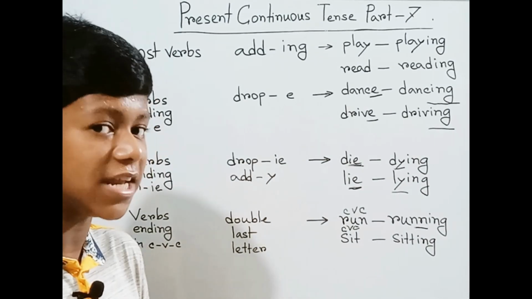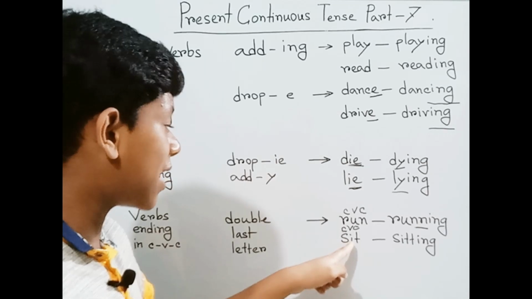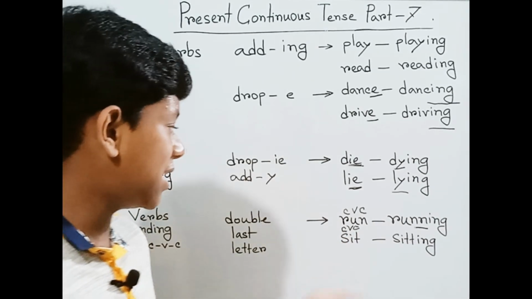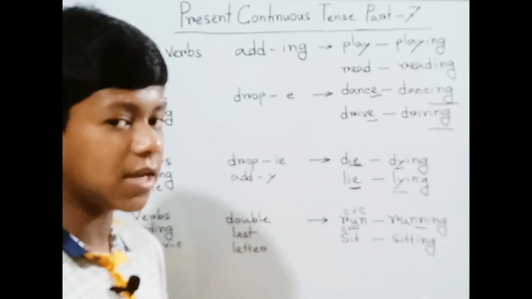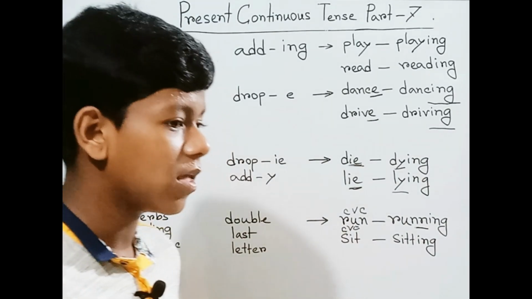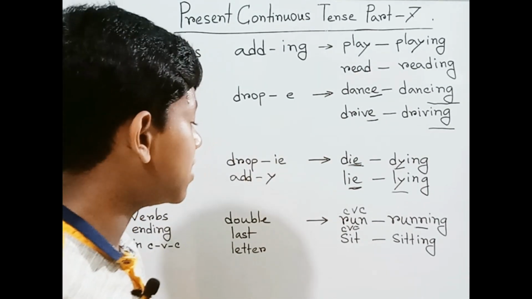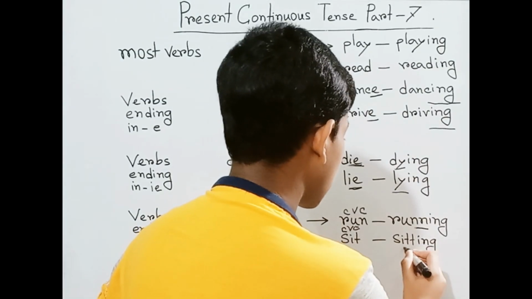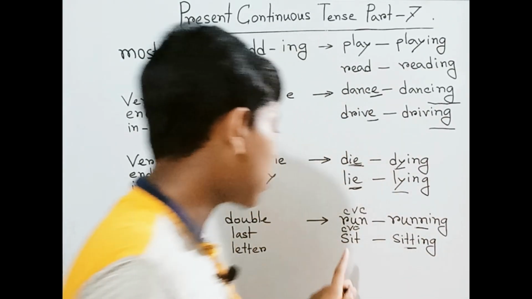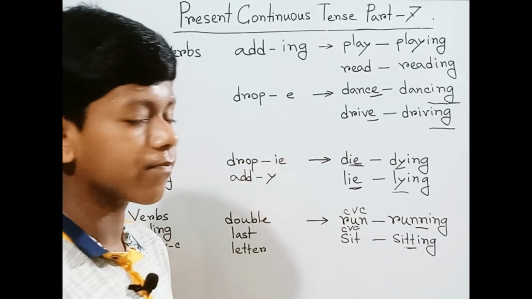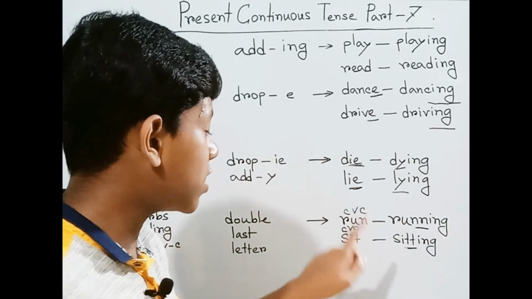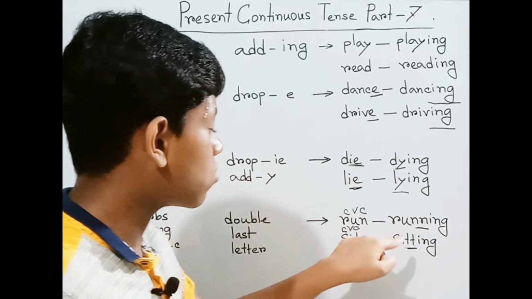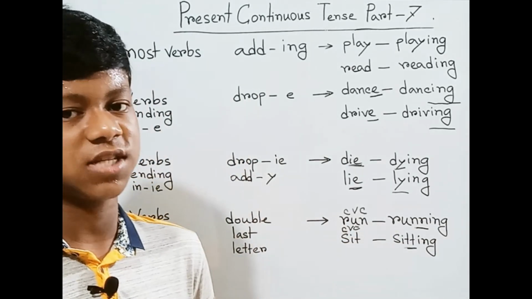In the middle of this word is I, which is a vowel. Then the last letter is T, which is a consonant. So in this case, you have to make it double T, because we have to look at the pattern, and it ends with a consonant, the letter T. That's why we have to make it double T.